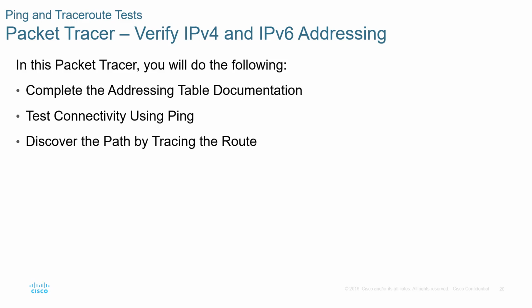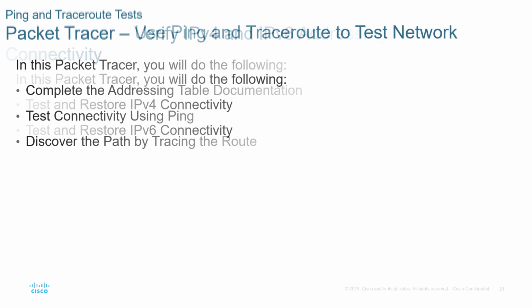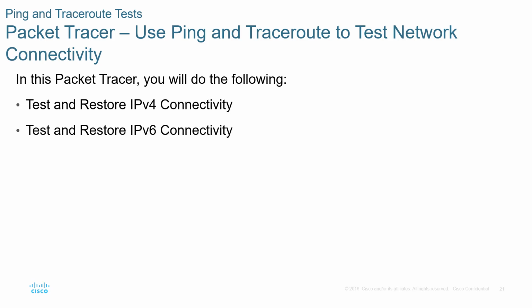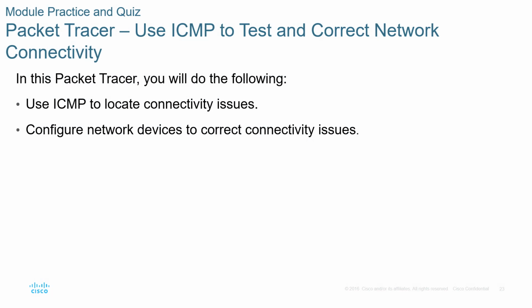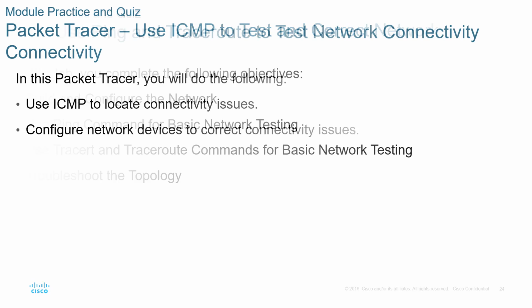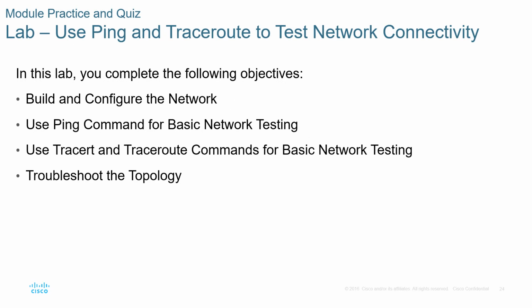We actually do have a Packet Tracer lab going through all of this. We have a Packet Tracer lab looking at both IPv4 and IPv6 connectivity. And that is actually all for this chapter. We have several labs covering the use of ICMP, how to build a network, how to troubleshoot, and things of that nature.